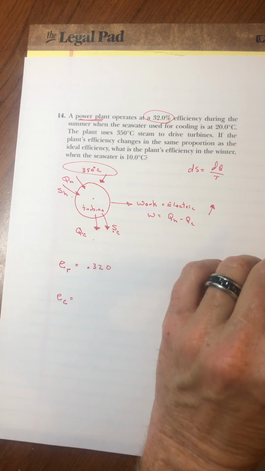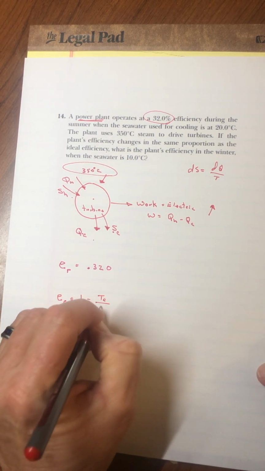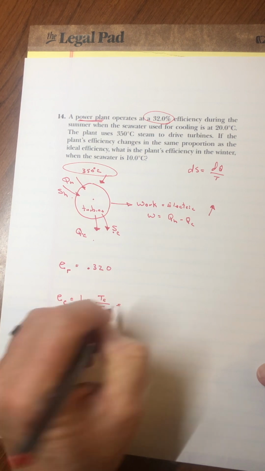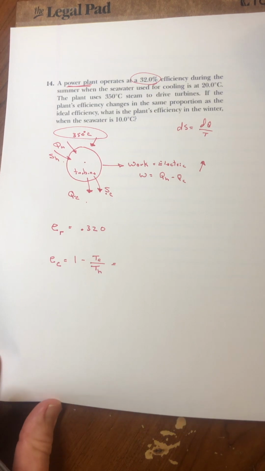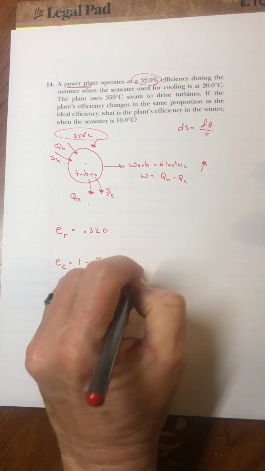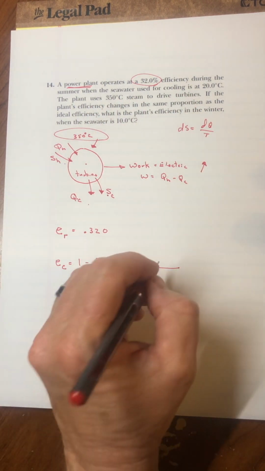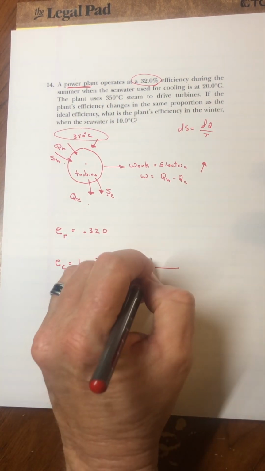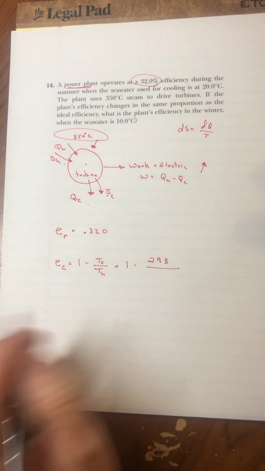Now, if we were to ask this question about, okay, what is the ideal efficiency? That was the whole Carnot cycle issue. And so we could come up here and say, all right, so the Carnot cycle would be operating at 1 minus, and let's see, during the summer, with 273 plus 20 is 293.